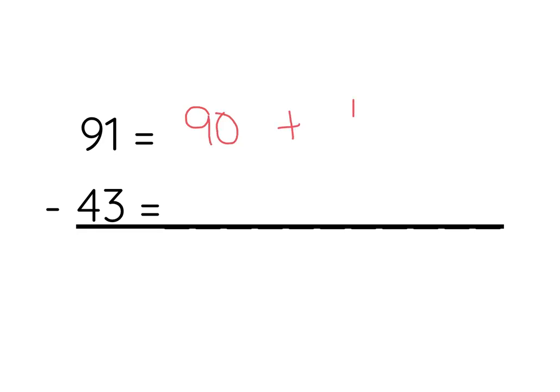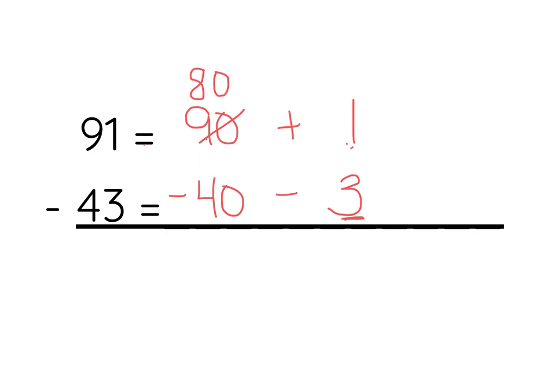90 plus 1 and minus 40 minus 3. Again, big digit on the bottom. So that means I need more ones so that I don't have a negative number. I get the ones from the 90, but I have to keep it equivalent or the same value.